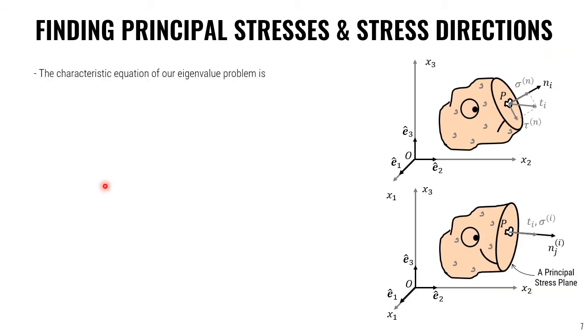The characteristic equation of our eigenvalue problem becomes sigma to the power of 3 minus the first invariant times sigma squared plus the second invariant times sigma minus the third invariant equals 0, for which we find three solutions: sigma 1, 2, 3, which are the principal stresses of the stress tensor sigma ij.